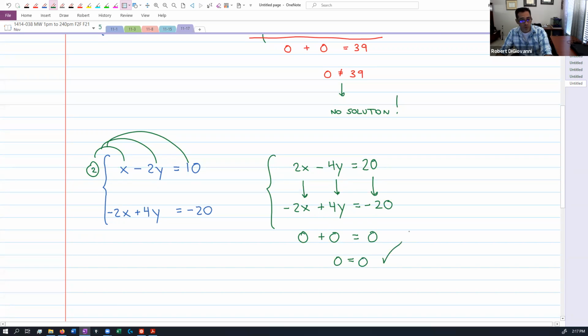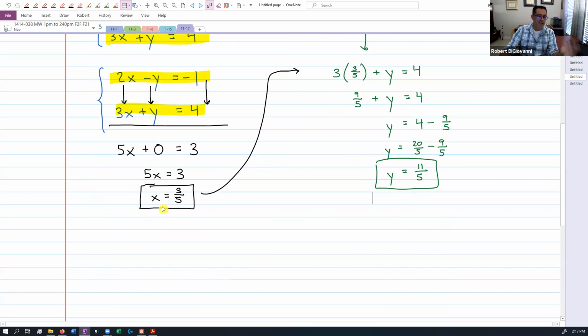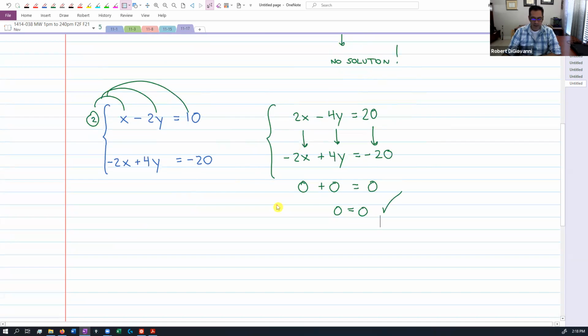And that's true, right? Something here is happening. Like in the previous problem, when we did all this, we got a nice answer for x. We took that answer, we got an answer for y. We had a single point of intersection. On the next example, we got a statement that didn't make any sense. This is where the 2 lines are parallel, but they're distinct lines. They're not the same line, so they never hit each other. And then in this one, all the x's and y's went away, and we got a statement at the end that was true all the time. 0 is 0.